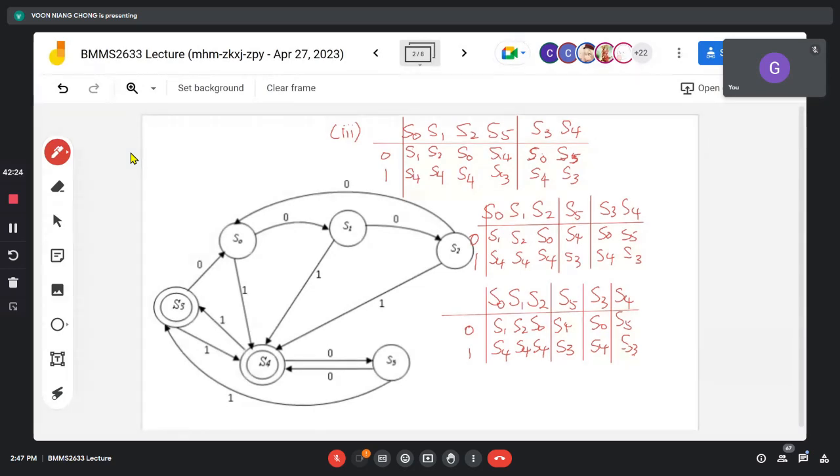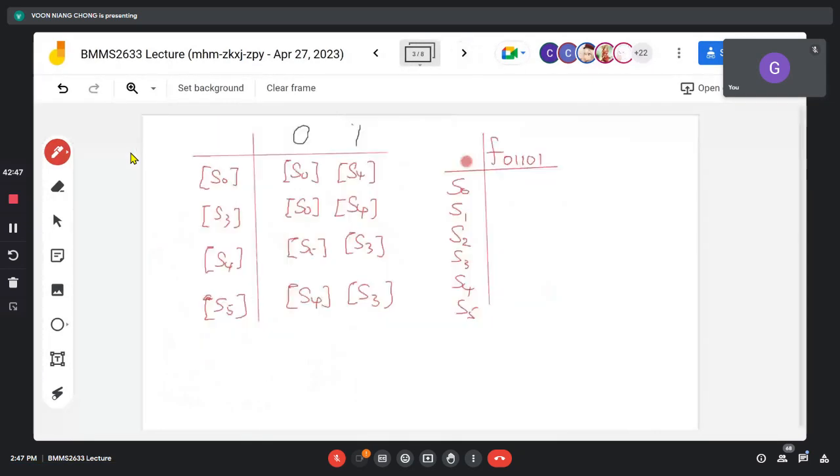S3, right? 0 is 1. Then 1 comes to S4. 1, S3. 0, S0. 1, S4. Right? So the first one is S4.